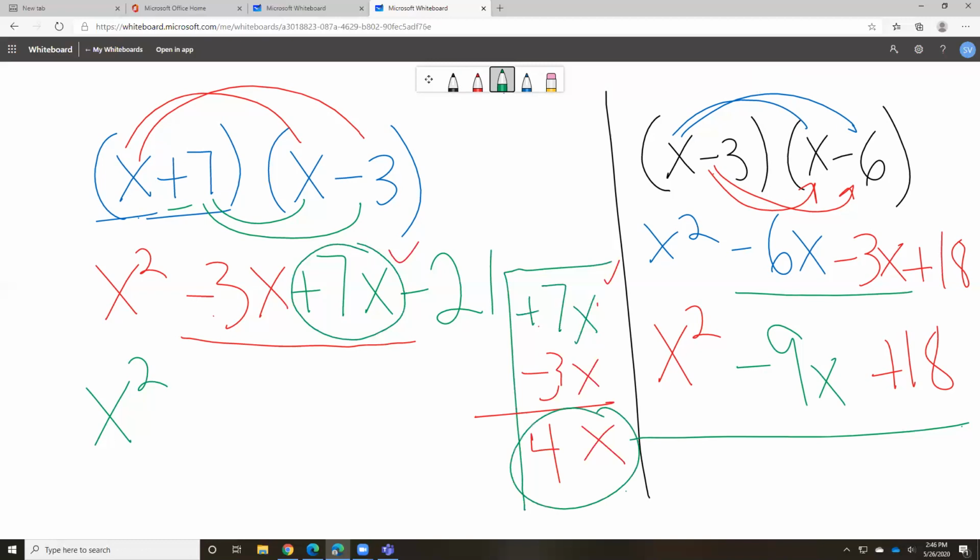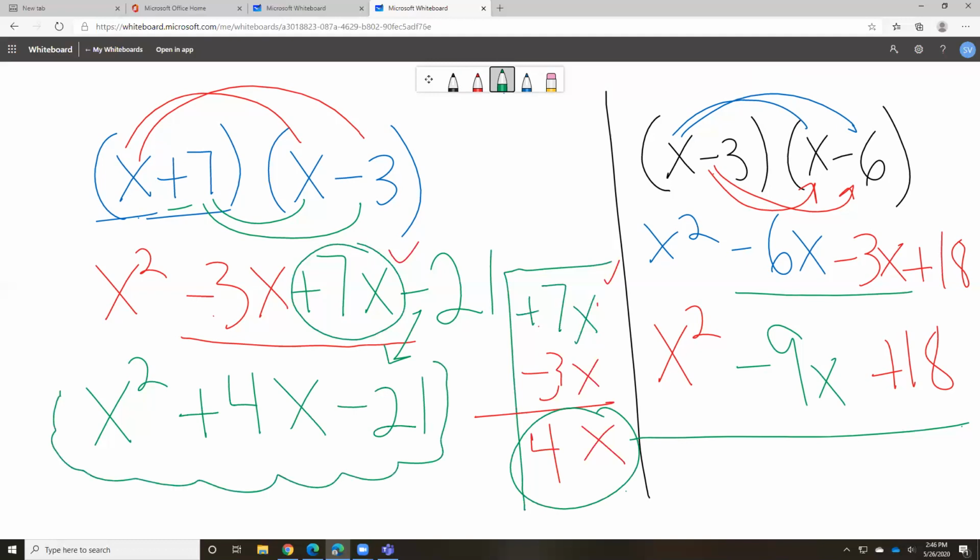They need to go here. And all I need to do now is bring down my what? My negative 21. And that's the trinomial product of this multiplication of binomials.